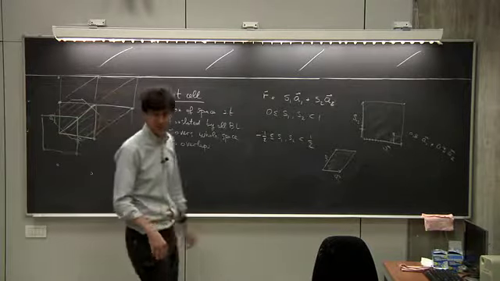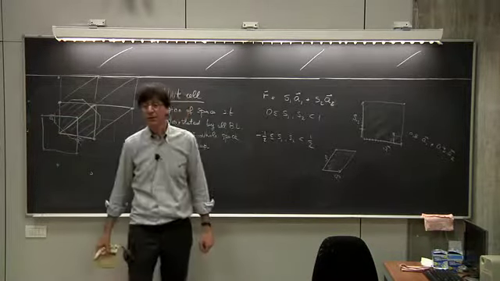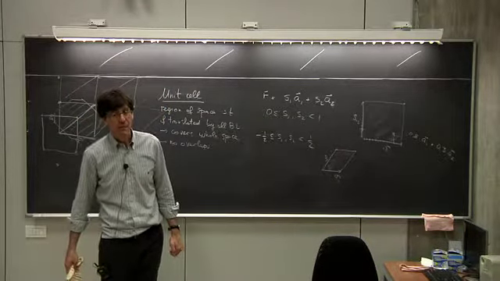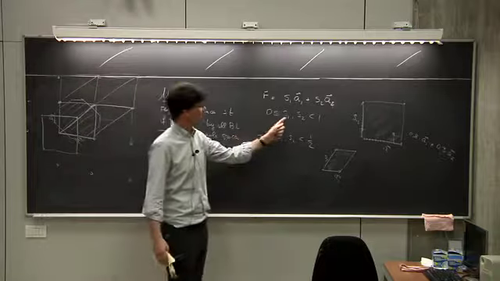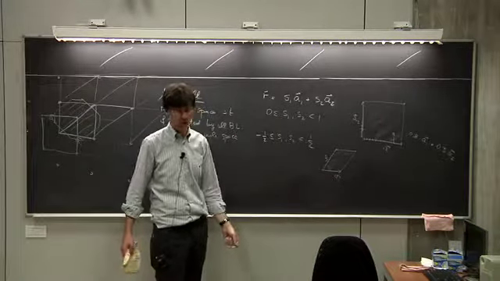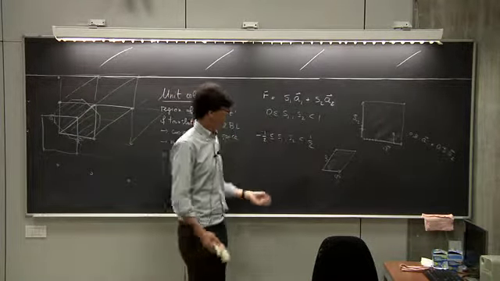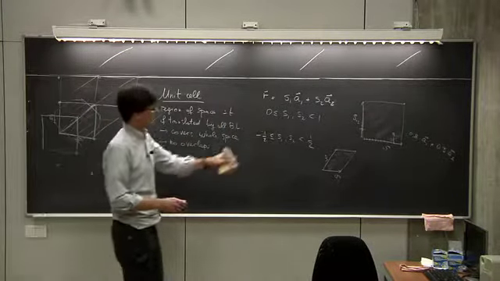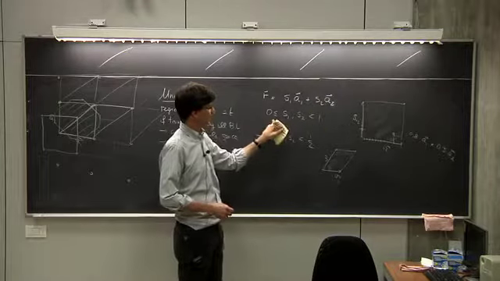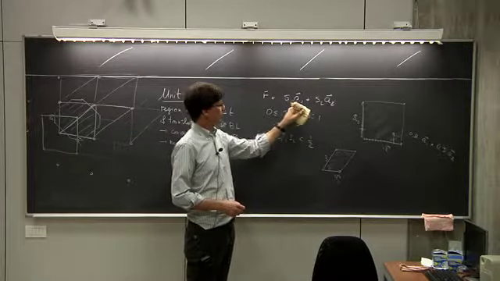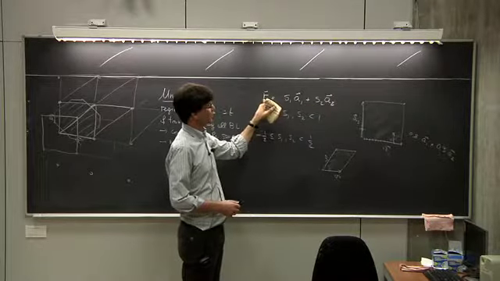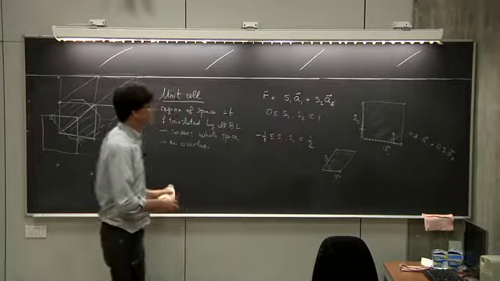Yes? So the question is, what happens if S1 and S2 are greater than 1? What do you mean by that? I mean, this is the definition of the unit cell that I give you. You want to know what happens if S1 and S2 are greater than 1, right? You're constructing a vector which goes beyond.